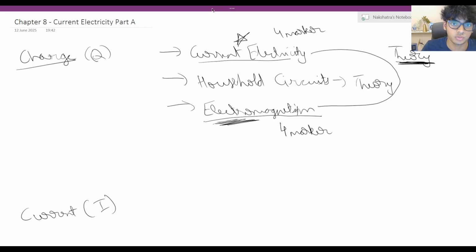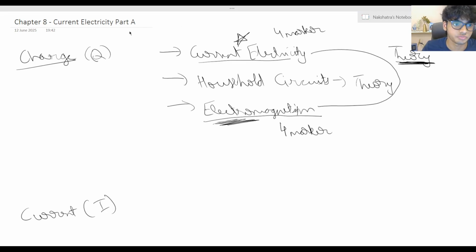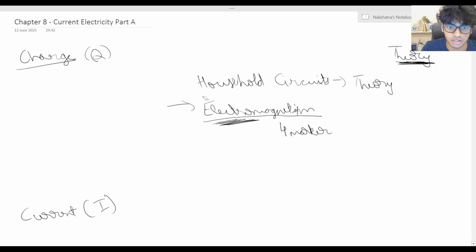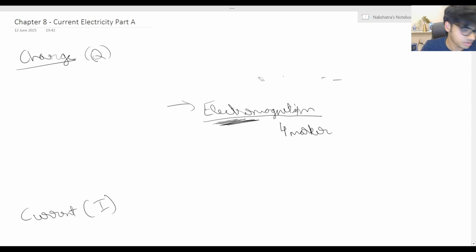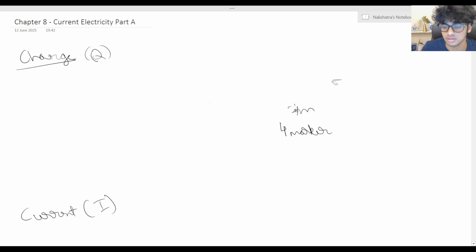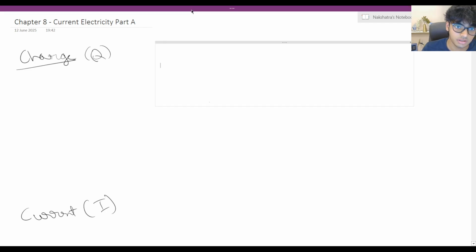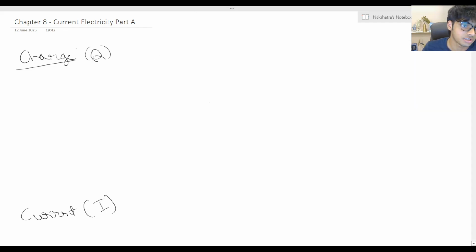But today we are going to talk about current electricity part A, which talks about charge, current, potential difference, resistance, and Ohm's law. It is the longest part of this chapter, and it is unfortunately the one with a lot of theory.